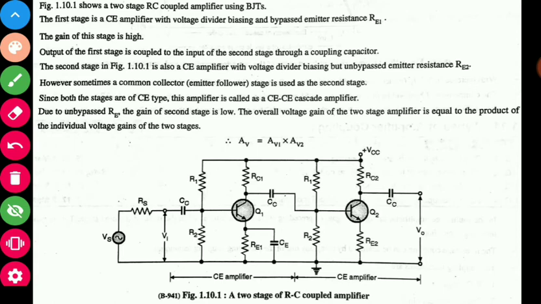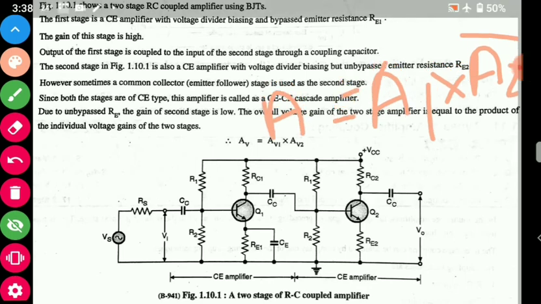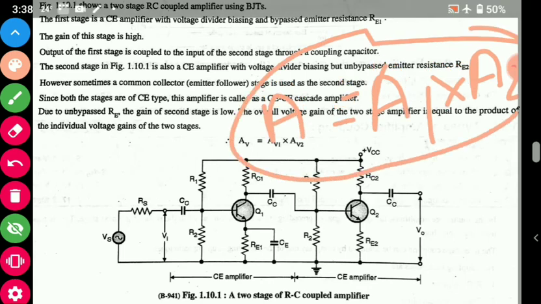The overall gain of a two stage amplifier is equal to the product of the individual voltage gains of the two stages. The overall gain is the gain of stage 1 into the gain of stage 2. This is the main formula of overall gain.